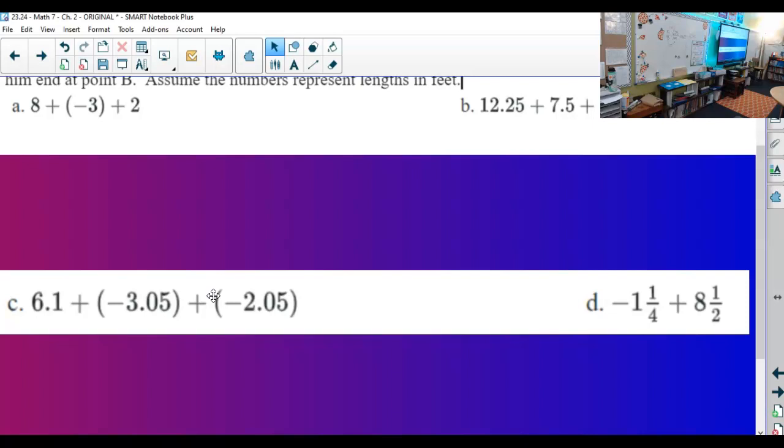Do you have to write out the problem? No, this is on your page. This is on 222. It's on the paper you got yesterday.